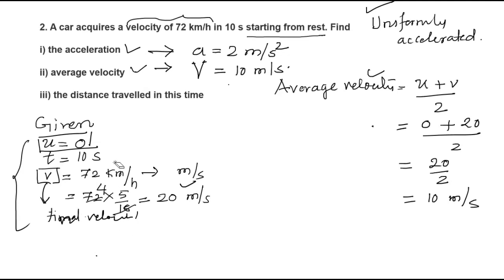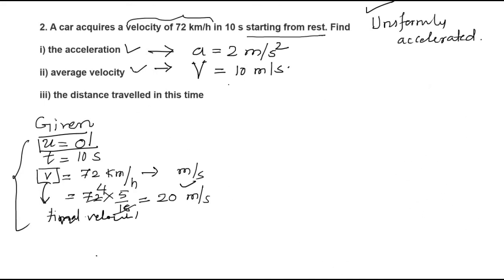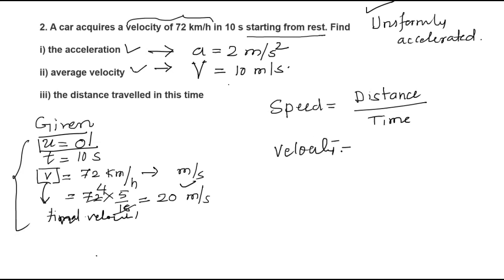What is left now? The distance traveled. Now we are going to calculate the distance traveled during this time. What is the formula to be used? We all know that speed is equal to total distance traveled divided by time, or velocity is equal to displacement divided by time. Here the velocity is average velocity and the speed is average speed.